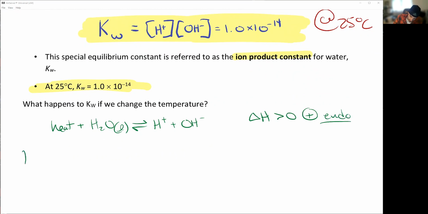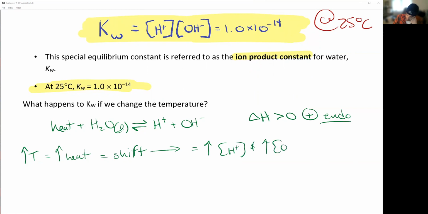What happens if I increase the temperature? Remember, this is Le Chatelier's principle. If I increase the temperature, that means there's an increase in heat. By increasing the heat, we are seeing a shift away from the addition. So we are going to shift it to the right. By increasing heat, we need to shift away from it. That means I'm going to see an increase in the concentration of H plus and an increase in the concentration of OH minus, so an increase in the concentration of products.